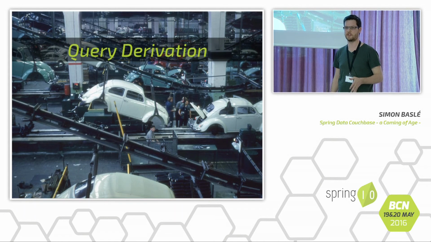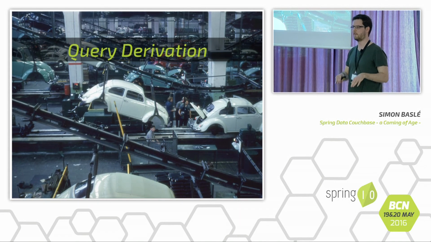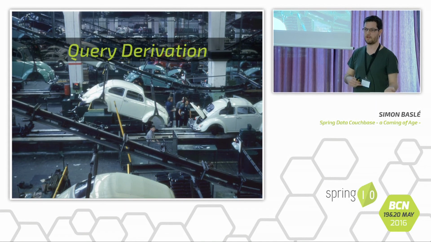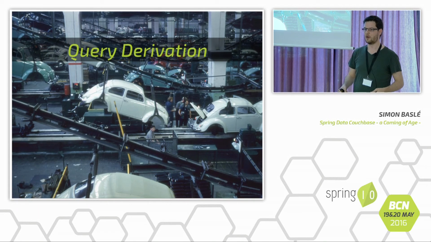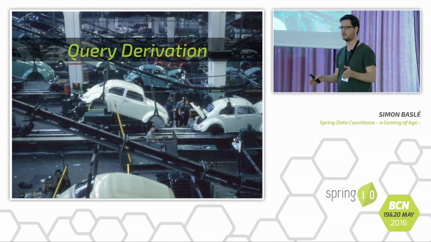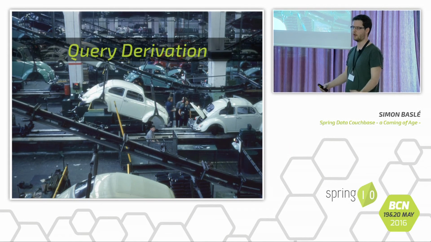Query derivation is the feature in Spring Data where you declare a repository interface and a method signature, like findAllByAgeGreaterThan with an integer parameter. The backing store connector will generate a query for you that matches this method automatically. So you don't have to write SQL or JPA or Mongo queries or Couchbase Nickel.